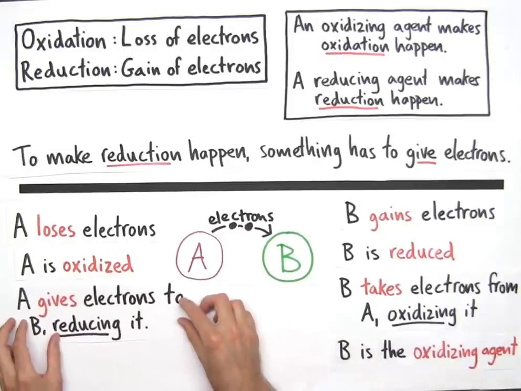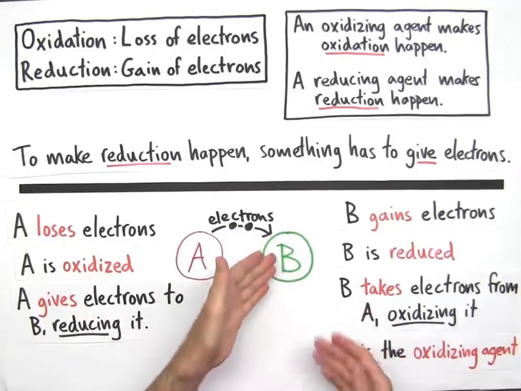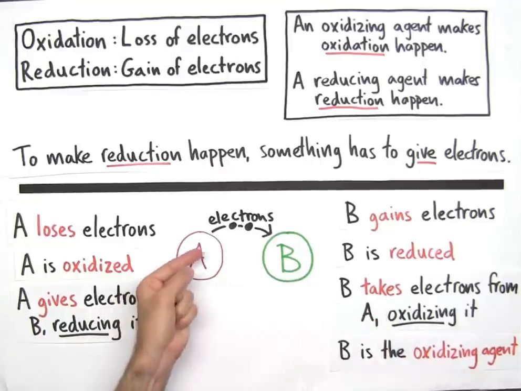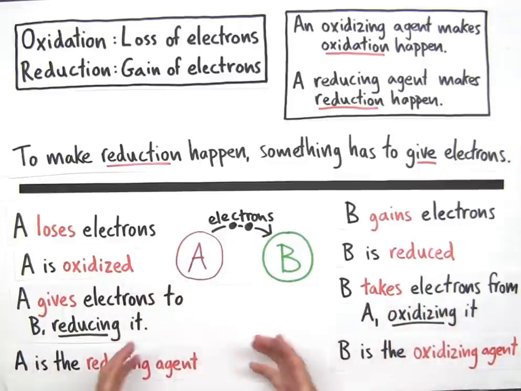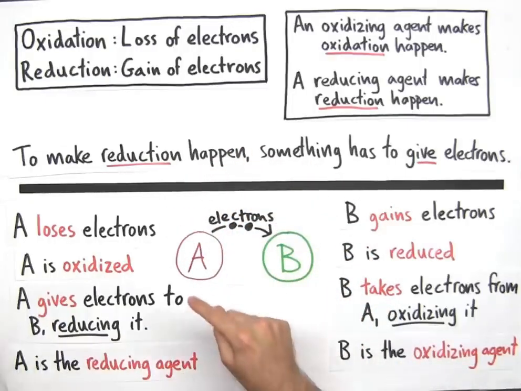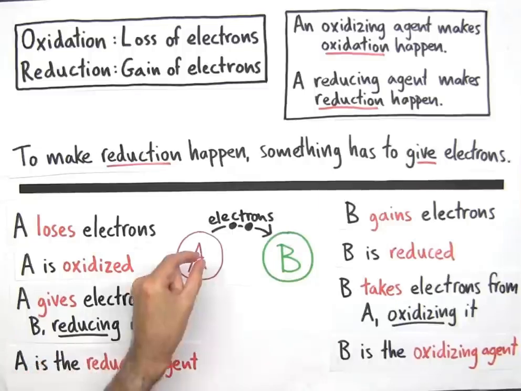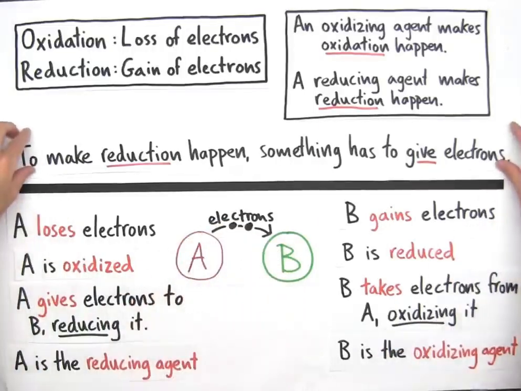A over here gives electrons to B, allowing it to be reduced. And since A is making this happen by giving the electrons to B, we can say that A is the reducing agent. So B is the oxidizing agent. It's making oxidation happen by taking the electrons from A. A is the reducing agent. It's making reduction happen by giving the electrons to B.